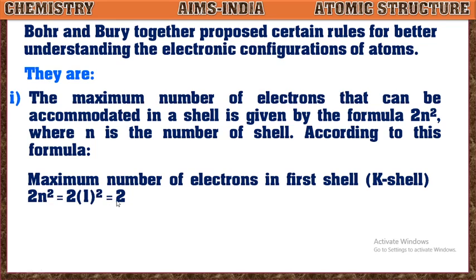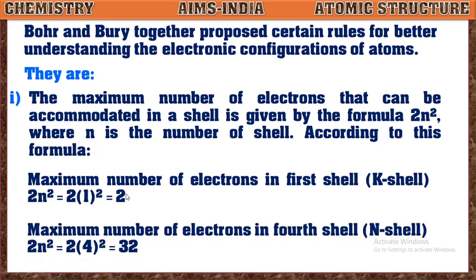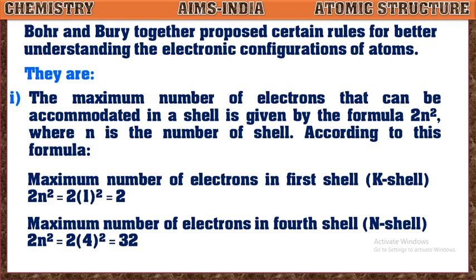This means the first shell can accommodate a maximum of 2 electrons. Similarly, for the fourth shell, if we substitute 4 in the place of n, we get 32. It means the fourth shell can accommodate a maximum of 32 electrons.